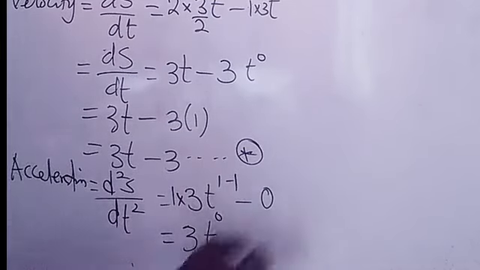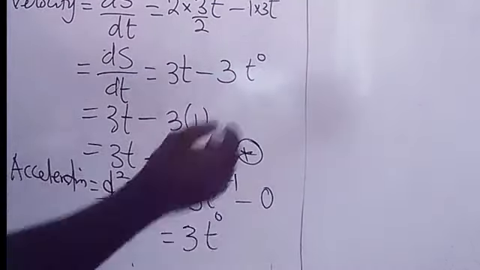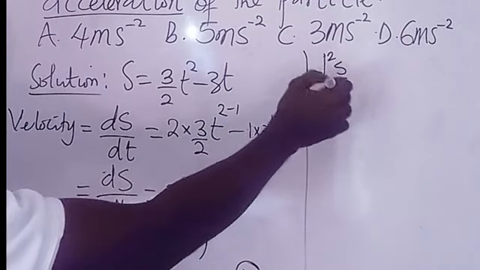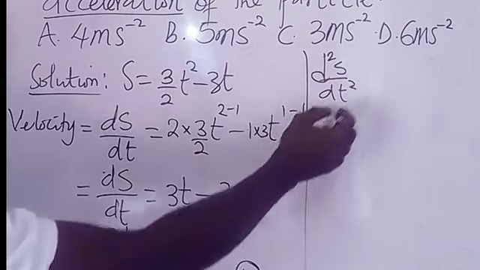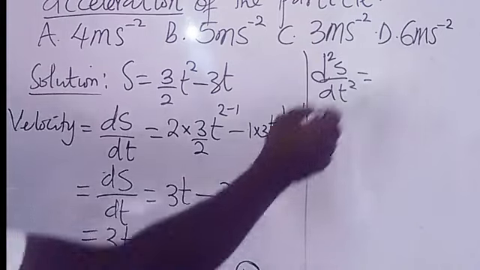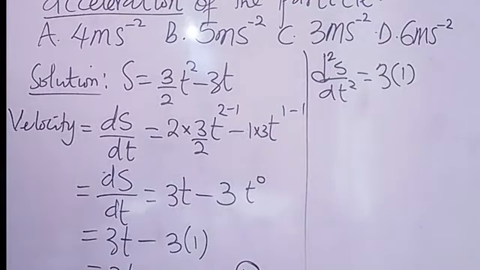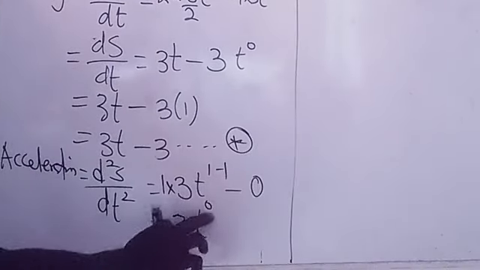So you can see from here, you're going to have d square s over dt square is going to be 3 multiplied by 1, because t raised to power 0 is 1.